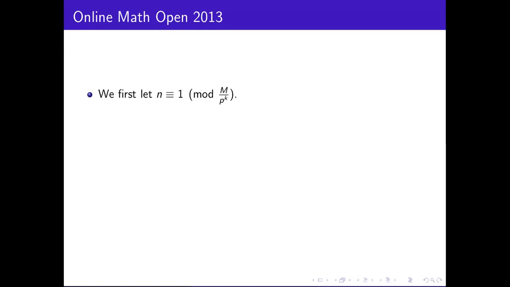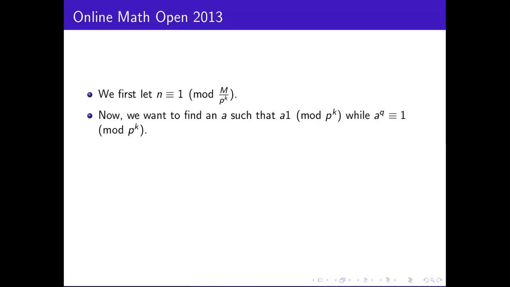So, well, now we basically need to find an A such that A is not congruent to 1 mod p to the k. But A to the q has to be congruent to 1 mod p to the k.